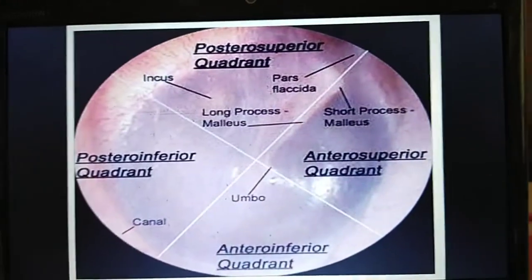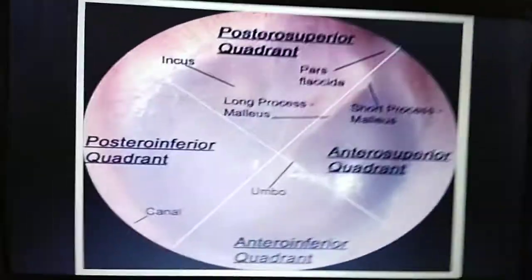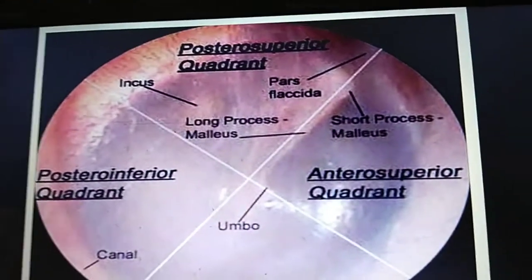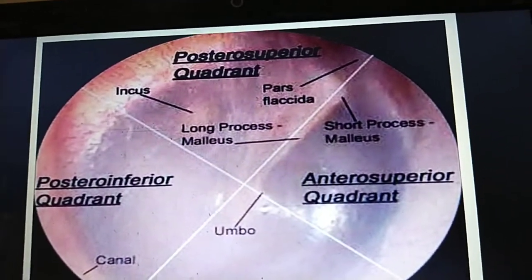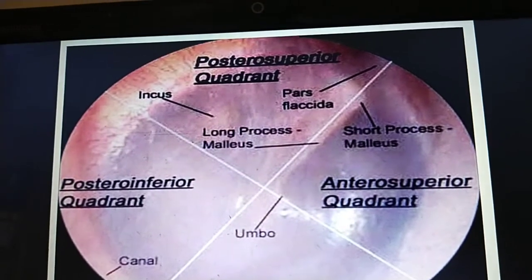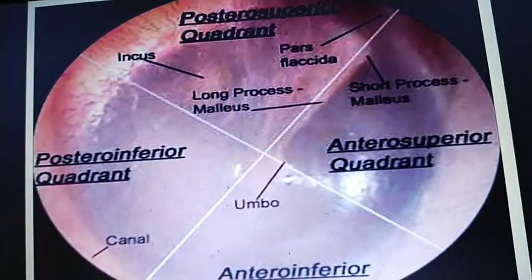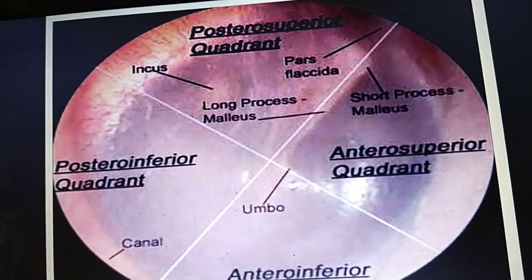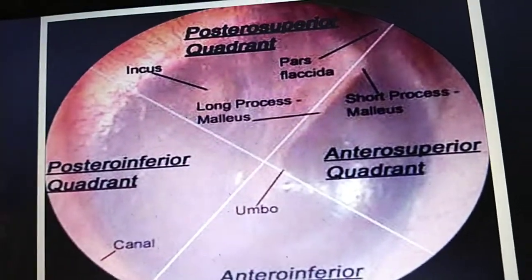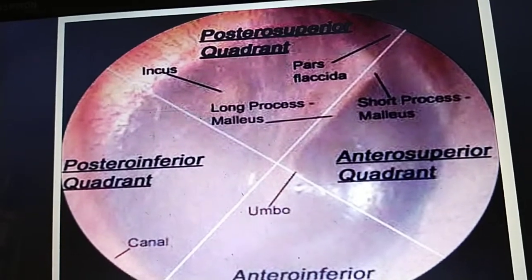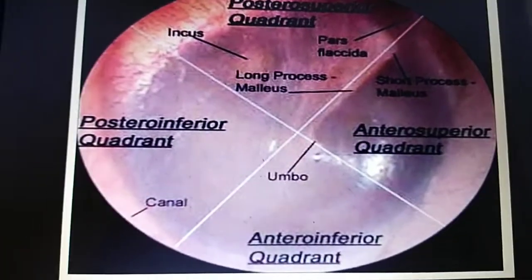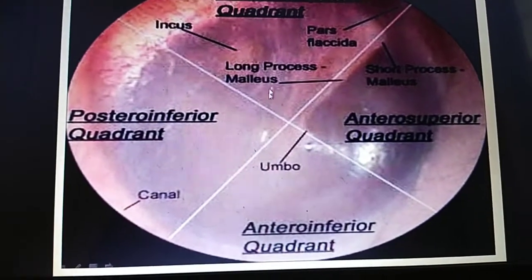The tympanic membrane is further divided into the posterior superior quadrant, anterior superior quadrant, posterior inferior quadrant, and anterior inferior quadrant. We can divide the tympanic membrane like that also. When you examine with the otoscope, you can see the tympanic membrane like that.